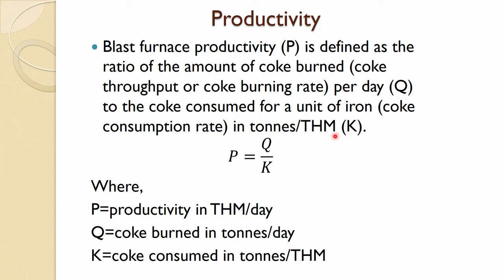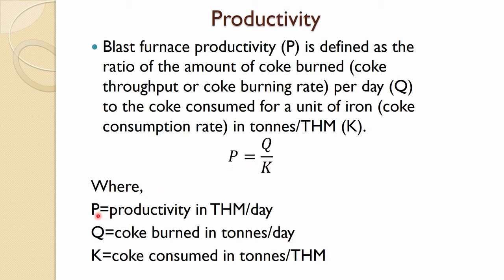So, we can say P, the productivity, is equal to the amount of coke burned Q divided by K, that is coke consumed per unit of iron or coke consumption rate.